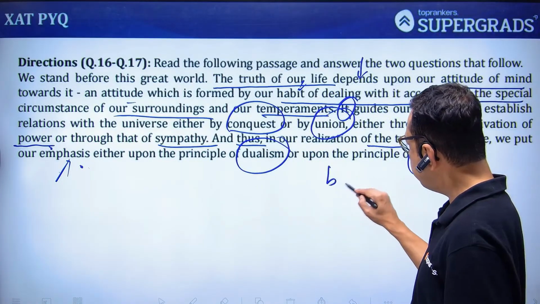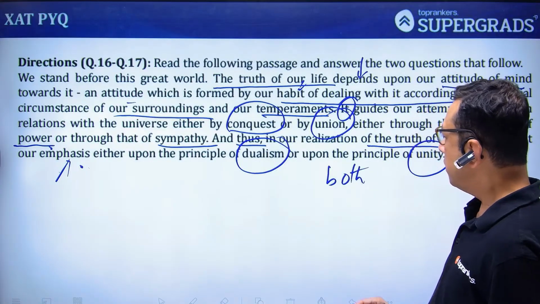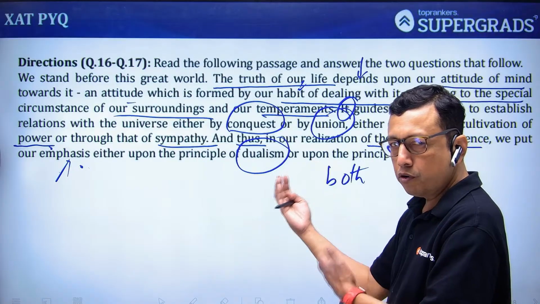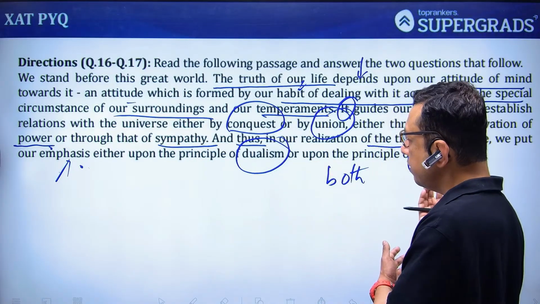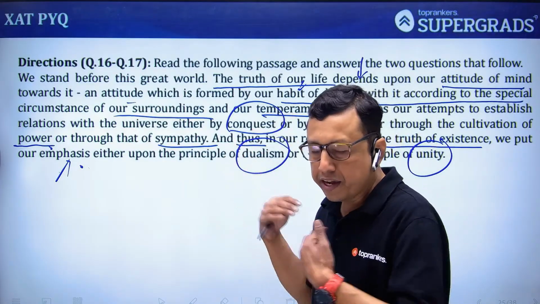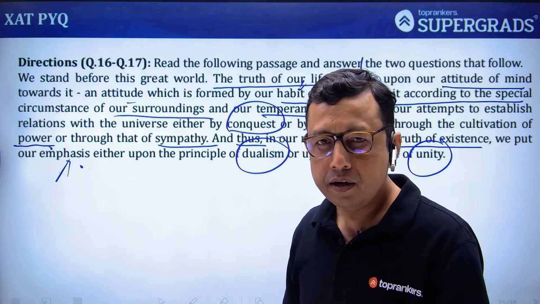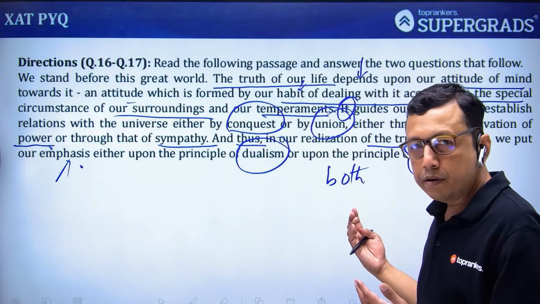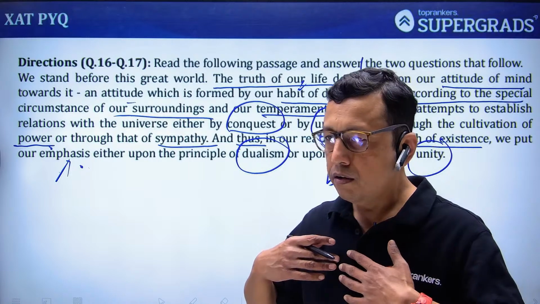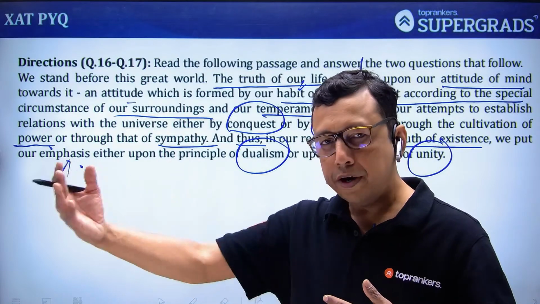मतलब both हो गया. तो basically यहाँ क्या हो रहा है? Either the principle of dualism or the principle of unity, in a way, they determine the truth of life. मैं किसमें बिलीव करता हूँ? डुअलिज्म में या यूनिटी में? डुअलिज्म का मतलब क्या होता है? डुअलिज्म मीन्स द वर्ल्ड in which I live, it is separate from me.